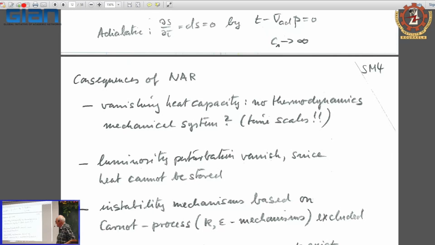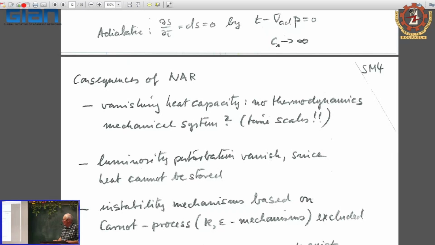So all instability mechanisms based on a Carnot type process can be excluded, and that means that kappa and epsilon mechanisms are excluded once we find the instabilities also within this NAR approximation. Then these cannot be caused by kappa and epsilon mechanisms, because that would require thermodynamics, and this would require a finite heat capacity.